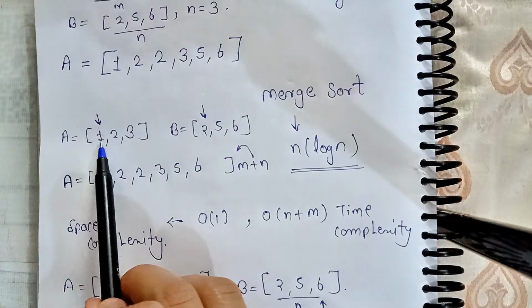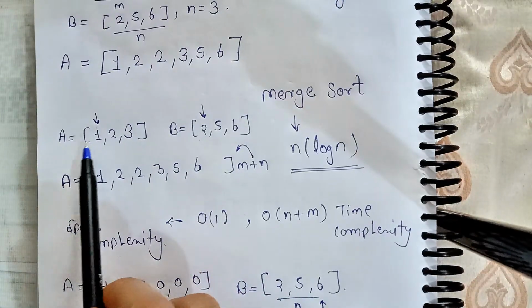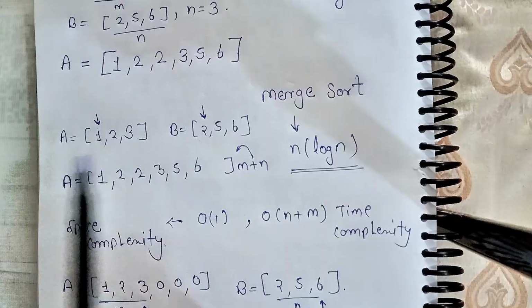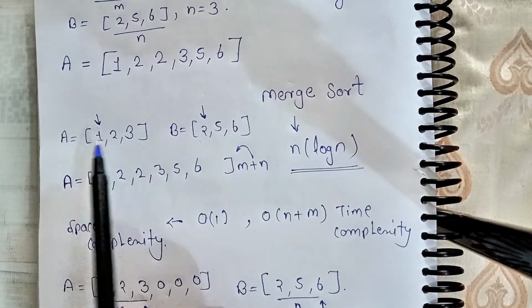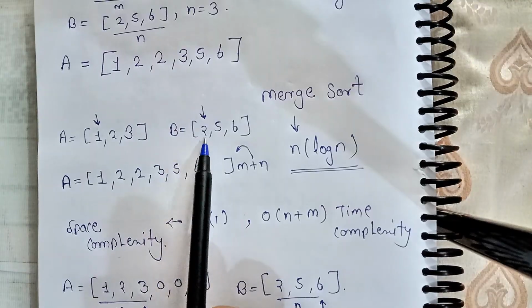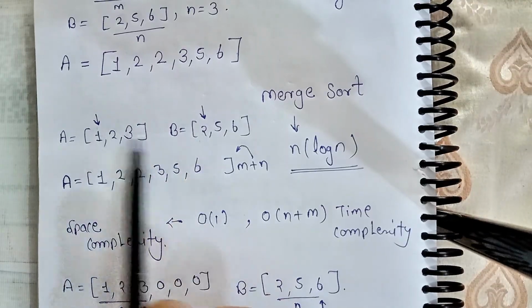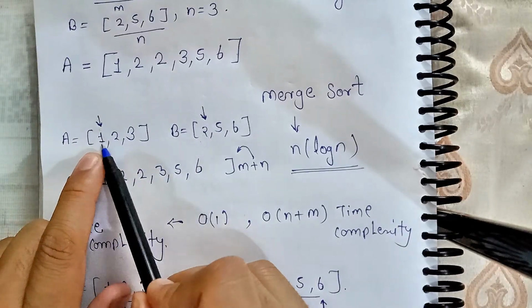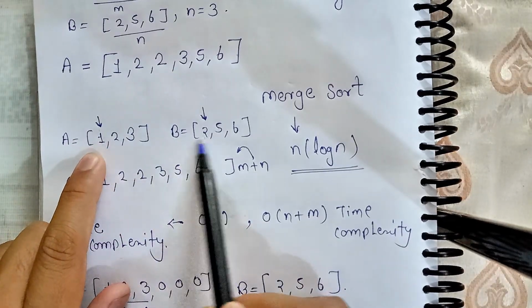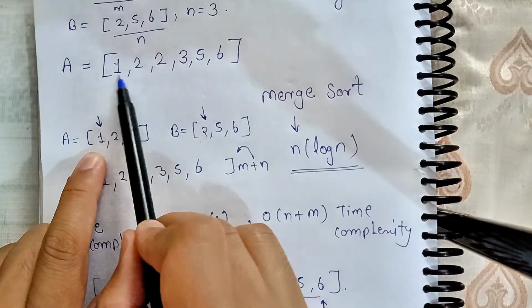Array A index 0 has value 1 and array B index 0 has value 2. We compare these two values. This value is smaller, so it remains the same in A.